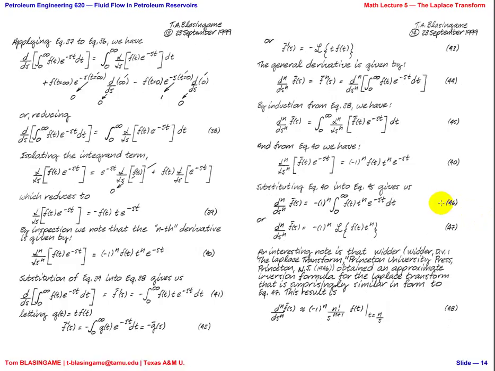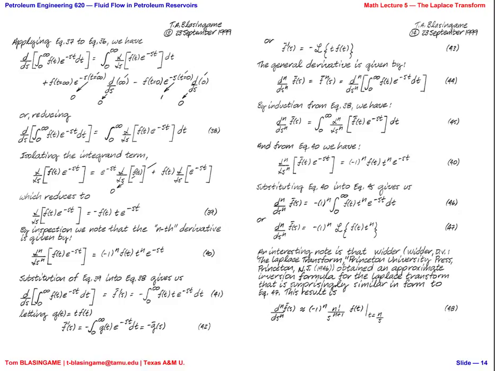The derivation of this is kind of tedious, but everything is reduced to integration by parts. And in general, if you are going to take the n-th derivative of the function of s, well, no, this is the other way around, right?